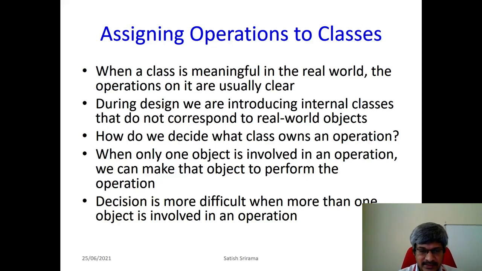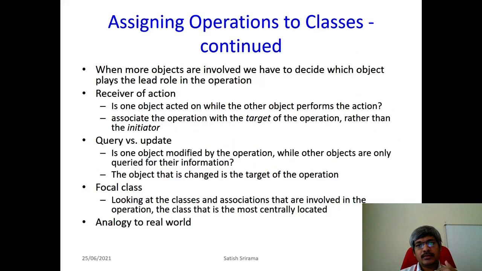When more than one object is involved in a particular operation, we have to decide which object plays the lead role, and then take that operation and put it in that particular class.